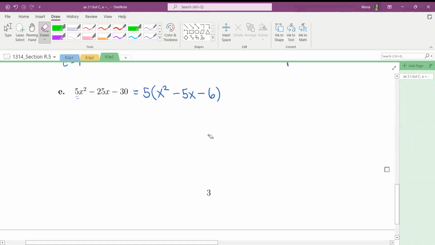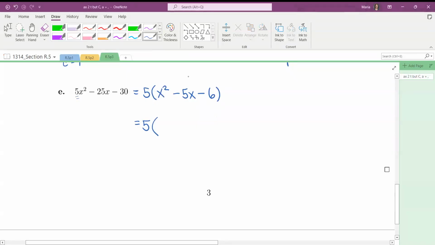So I'm going to go ahead and erase this. All right, so now what? Am I done? Well, we talked about you need to factor until you can factor no more. So in the next step, this 5 is just going to stay out front. I can't do anything with it. However, I can factor the thing in parentheses.